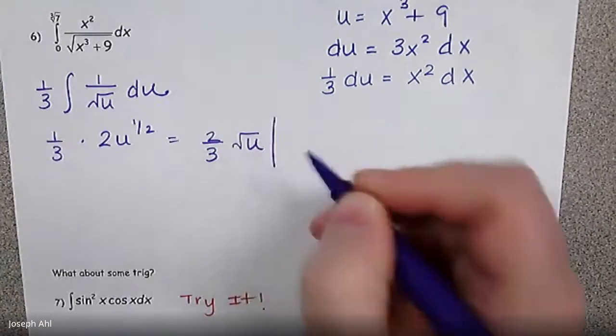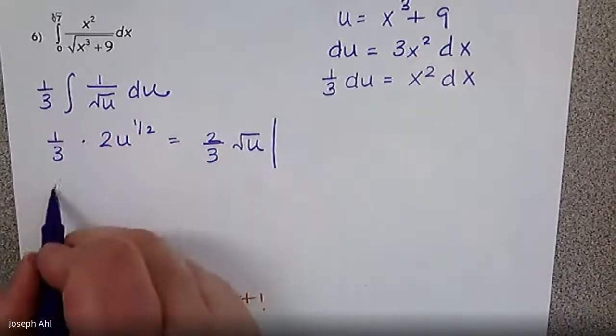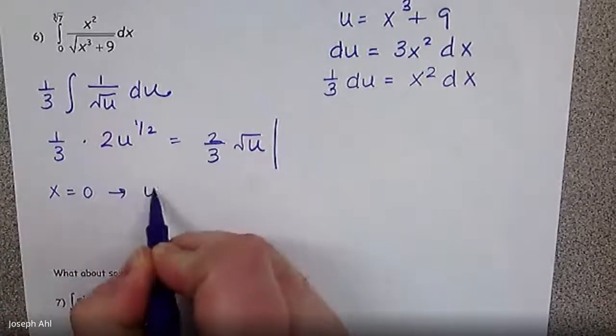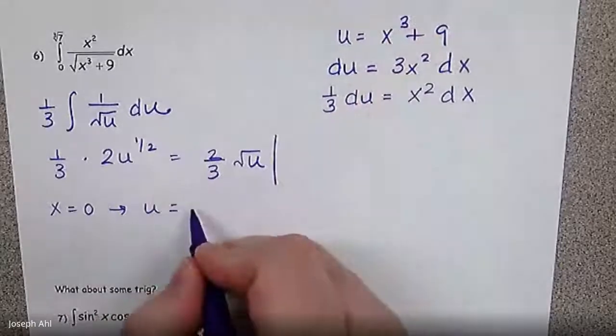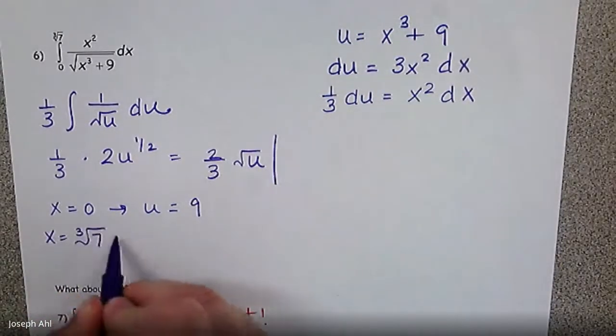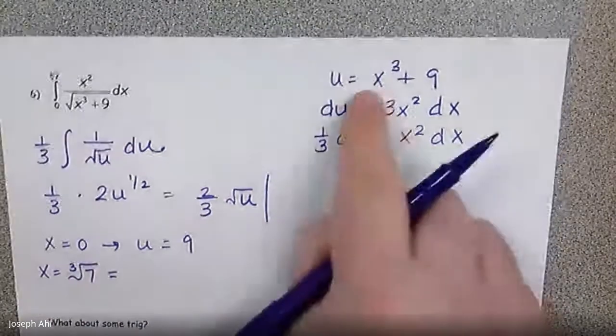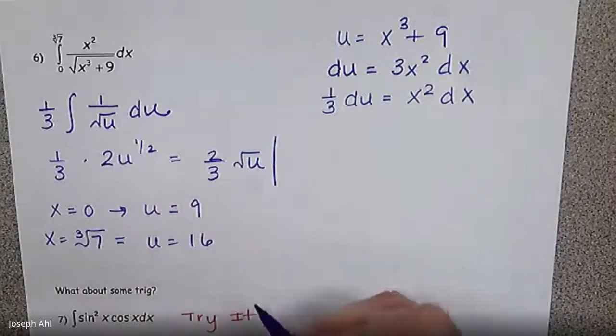Let's get some new bounds and just leave it in terms of u. Let's try that way and see if we like it. So the lower bound right now is when x equals 0. So when x equals 0, what's the lower bound for u? Well, 0 cubed plus 9 would be 9. And if x equals, this is a little weird, but if it's the cube root of 7, cubing the cube root of 7 makes it a 7 plus 9 for an upper bound of 16.